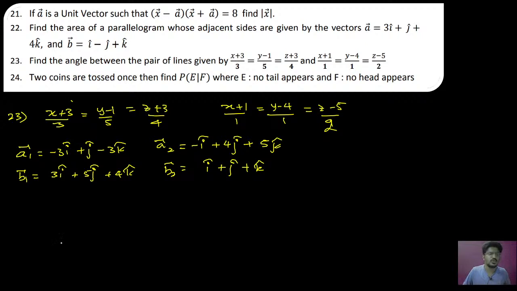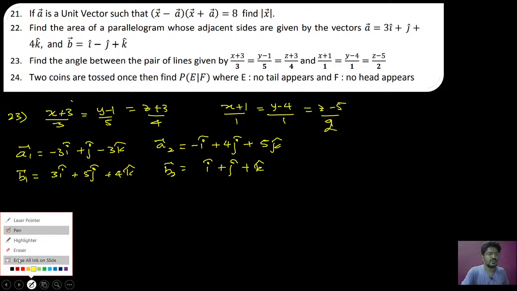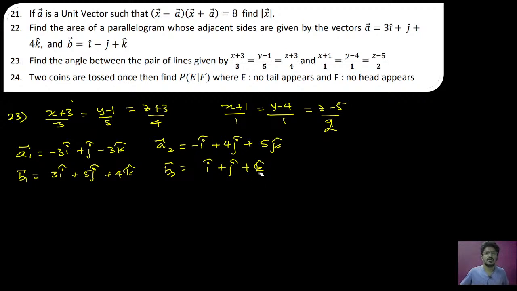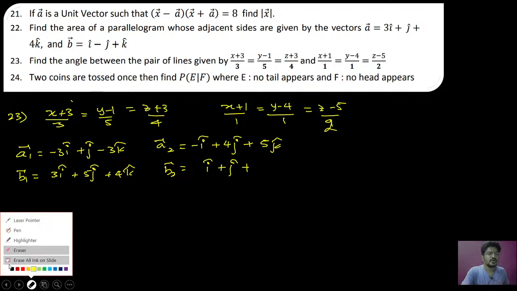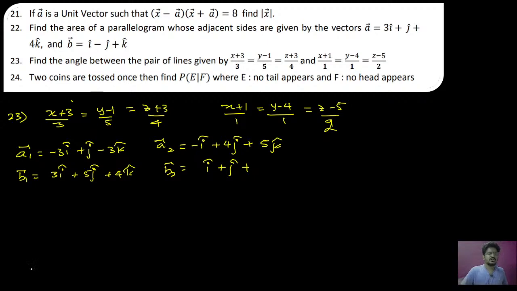So that will be 2k cap. Clear? So check once all the terms have to be correct. 2k cap. Very good. 5, 4, 1, 1, 2. Okay, all the terms are correct.